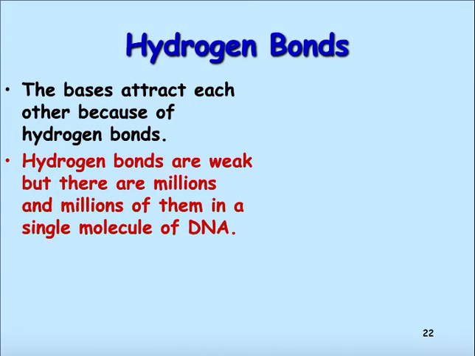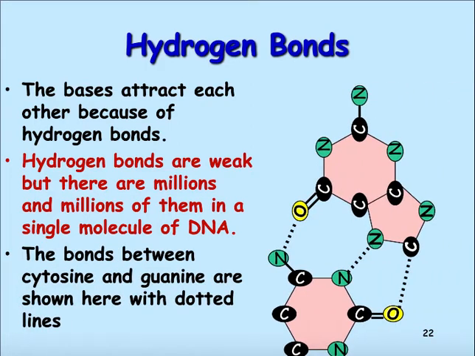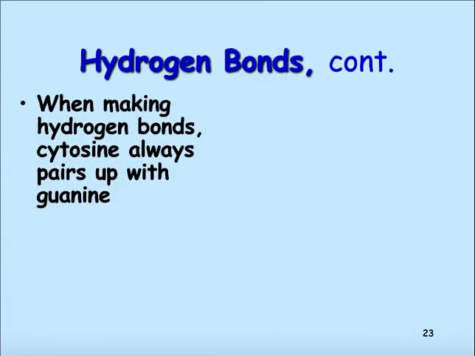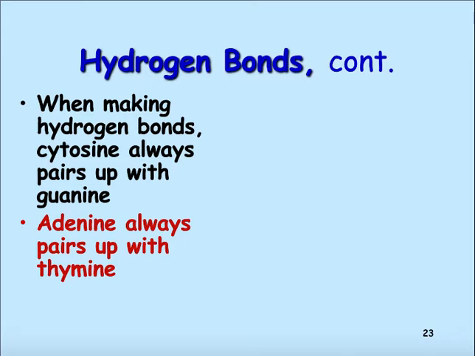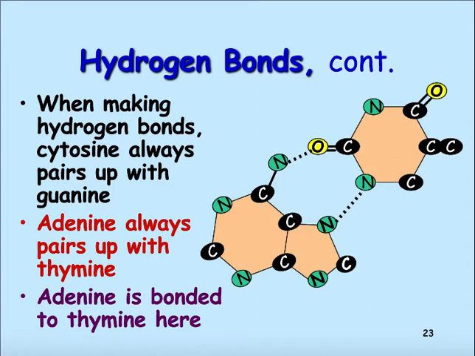The importance of that is that hydrogen bonds are really weak, so that DNA can be broken apart and then replicated up and down the lines of the ladder, so those bonds can be broken. So remember that cytosine always pairs with guanine, and adenine pairs with thymine.